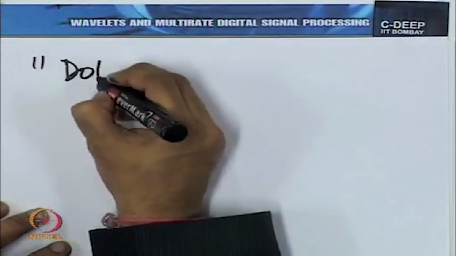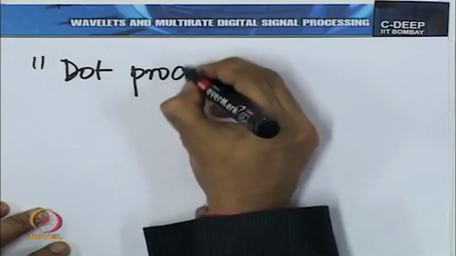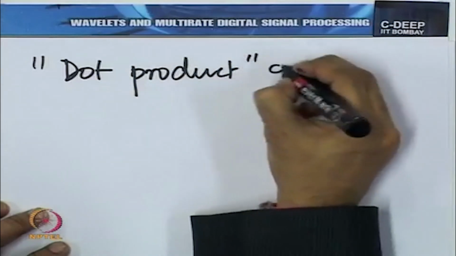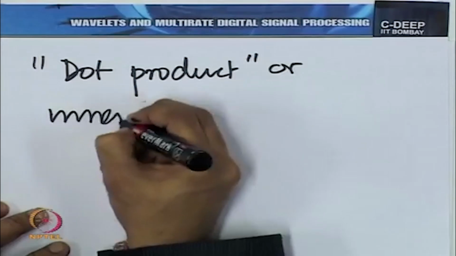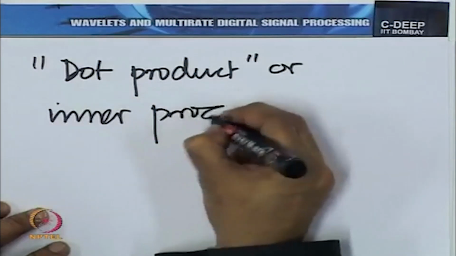So, with that little prelude, let us come back to this uncountably infinite dimensional space of functions on the real line, in which case we can generalize the notion of a dot product or inner product between two functions.